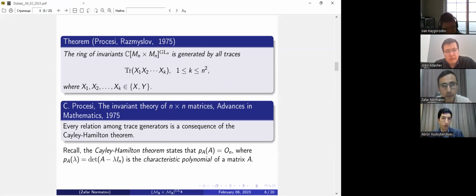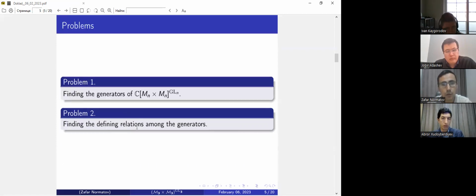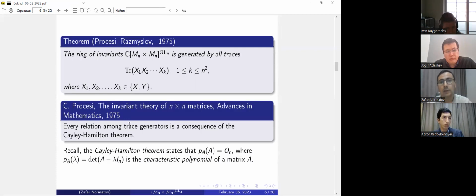And from the second theorem, we know the solution for the second problem, namely every relation among the generators comes from the Cayley-Hamilton theorem, but we don't know the explicit form of the relations.